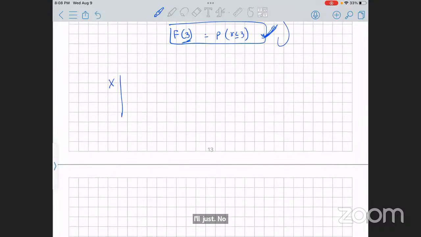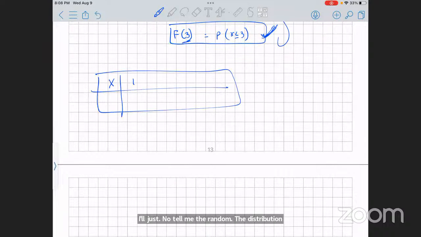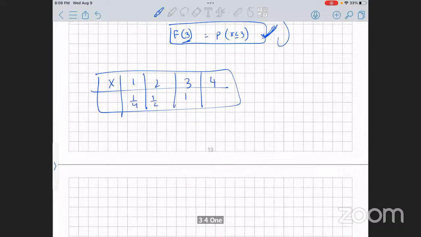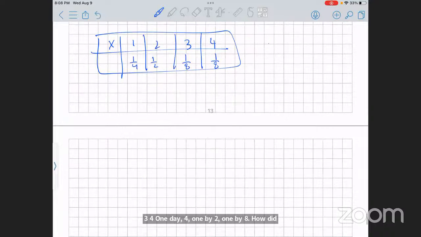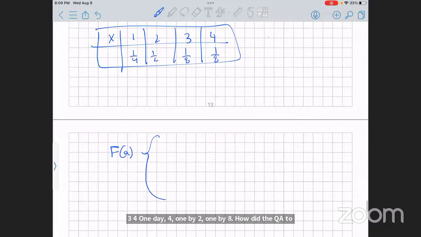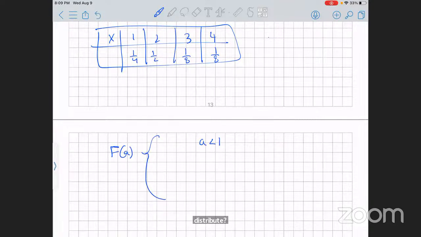Now tell me the cumulative distribution for the values 1, 2, 3, 4 with probabilities 1 by 4, 1 by 2, 1 by 8, 1 by 8. What is the cumulative distribution F of A? Tell me F of A. First, A less than 1: what is the value? 0.